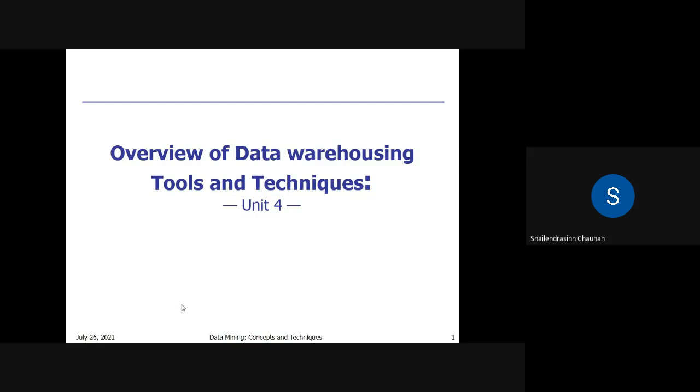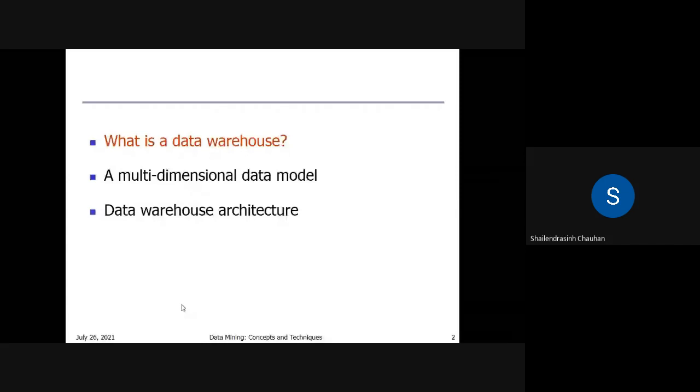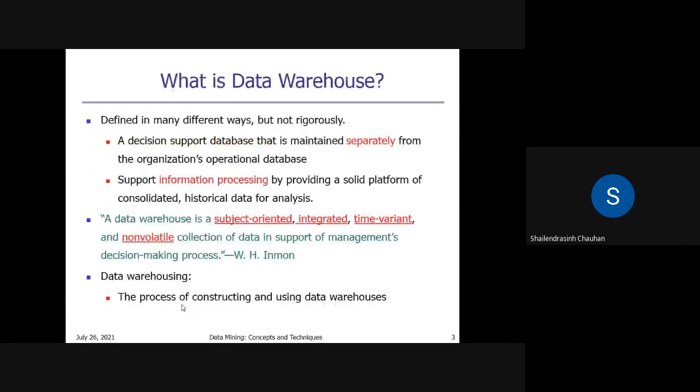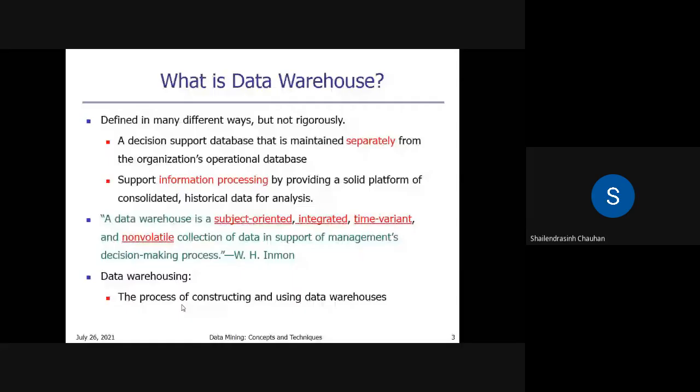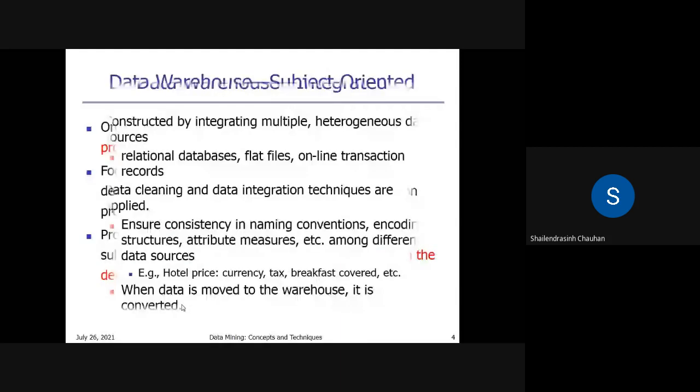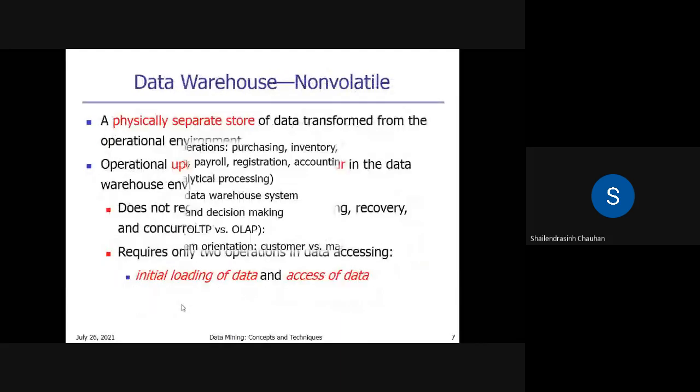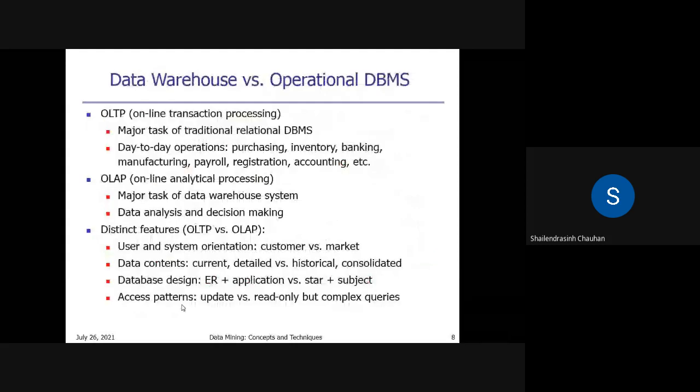So in the previous week, we had discussed data warehouse. What is it? A definition we have seen, and in that definition, we have four keywords: subject-oriented, integrated, time-variant, and non-volatile. We discussed all the keywords from that definition.